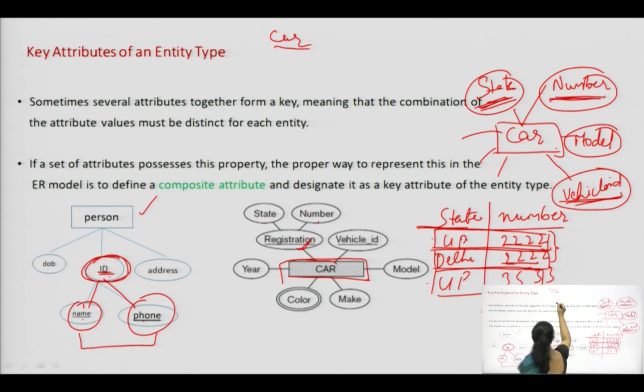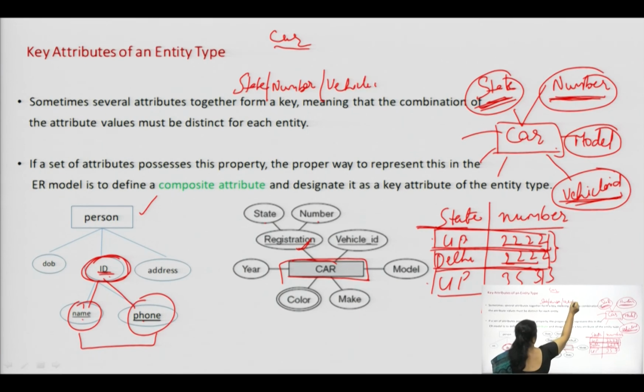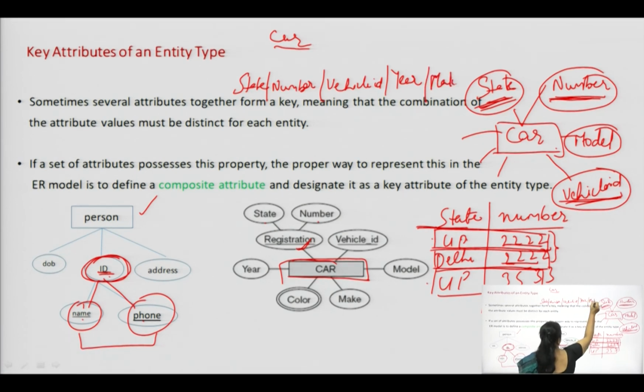So, we will write state, number, vehicle ID, year, make, and so on the other attributes. And let us say we choose state plus number as the primary key.